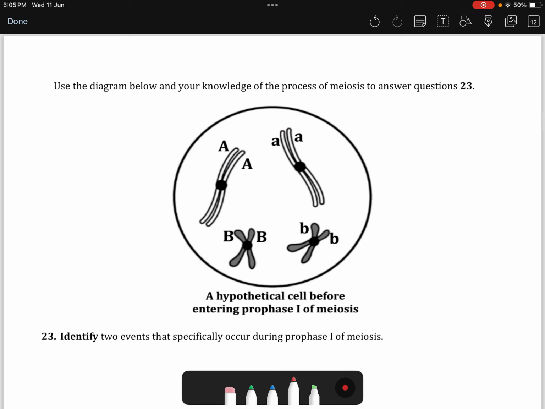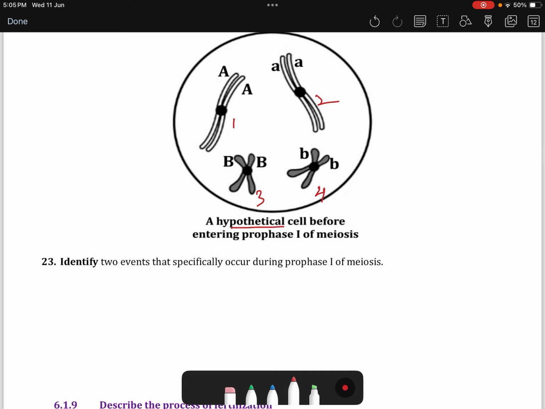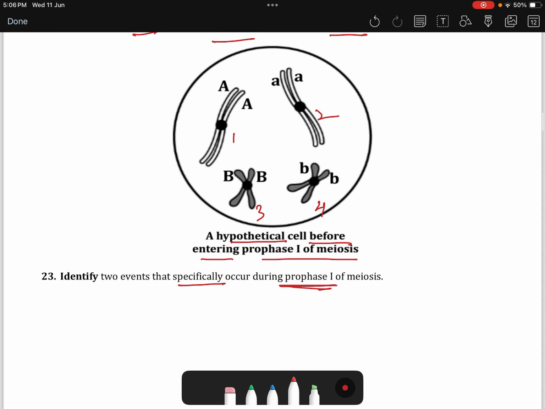Next, use the diagram below and your knowledge of the process of meiosis to answer the question. So we have 1, 2, 3, and 4, 2 homologous chromosomes over here. A hypothetical cell before entering prophase 1 of meiosis. Identify the 2 events that specifically occur during prophase 1. We are repeatedly saying one of the events, right? So what is that event?